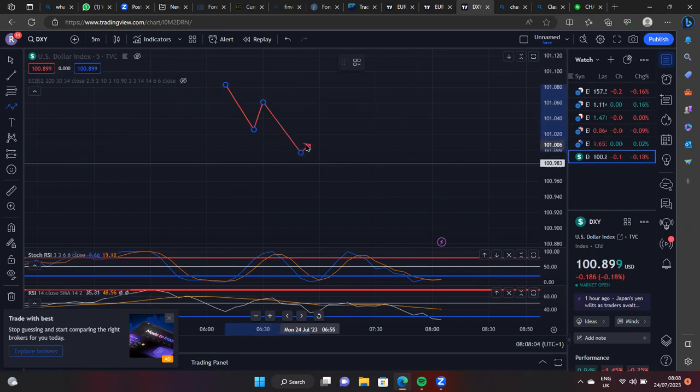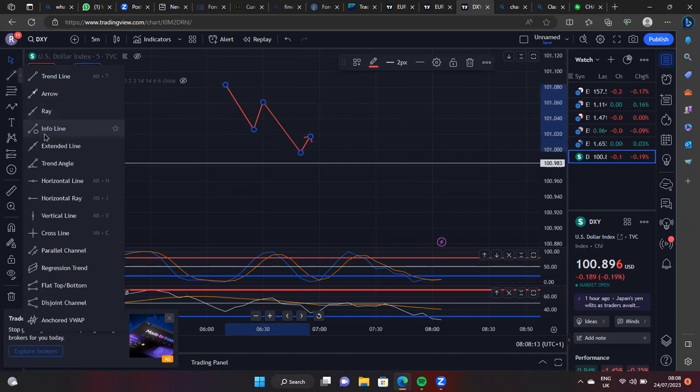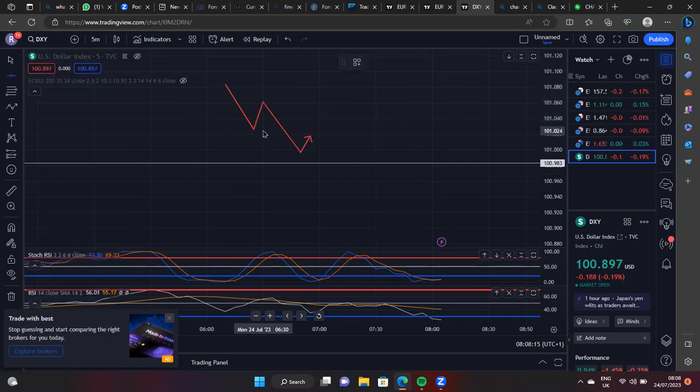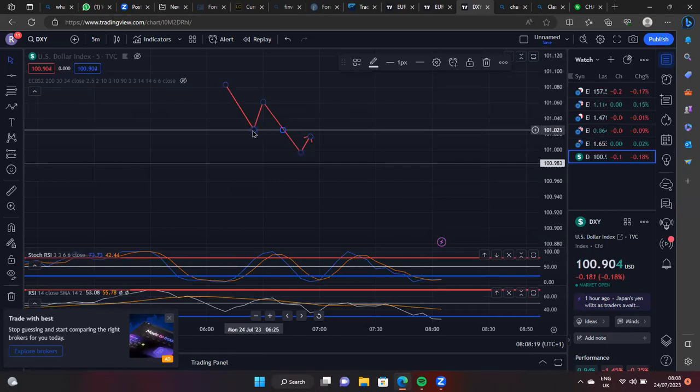Right now, this other low, for it to be accurate, shouldn't go above this other low. It should stop around here at most, and another drop.